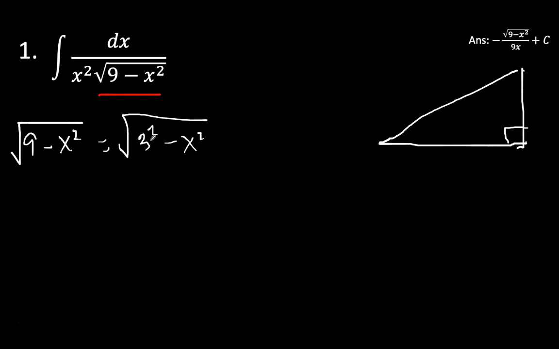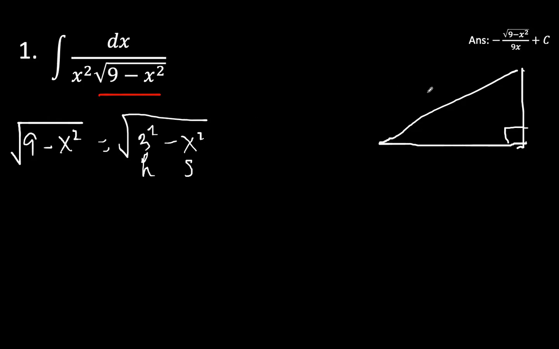The given expression can be associated with a right triangle, where 3 is our hypotenuse and x is one of the sides, and the radicand, the square root of 3 squared minus x squared, could be one of the other sides of the right triangle.